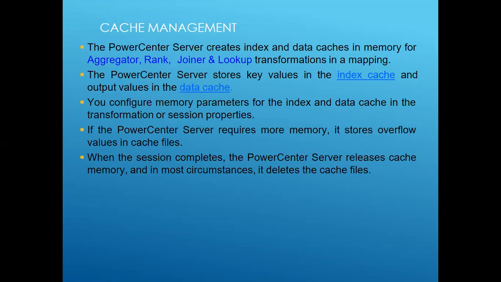Okay. So cache management. You have to keep an eye, as I said, on the transformations that use cache: aggregator, rank, joiner, and lookup. They use index cache and data cache, right? Index cache stores your key values, data cache stores your record values. So you have to keep an eye on those particular cache files, so that you understand which transformation you should go for optimizing.